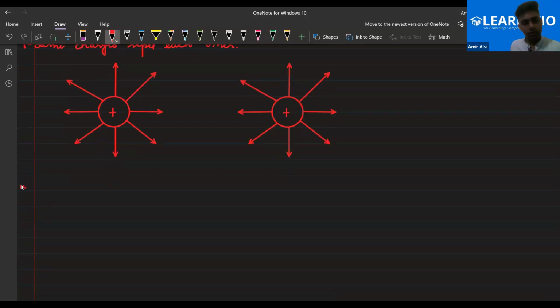Second point is opposite charges attract each other.